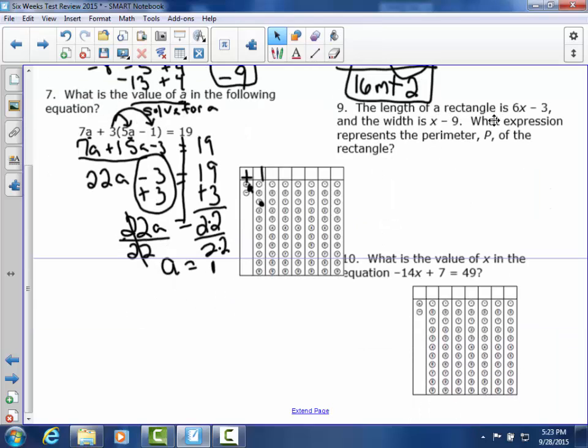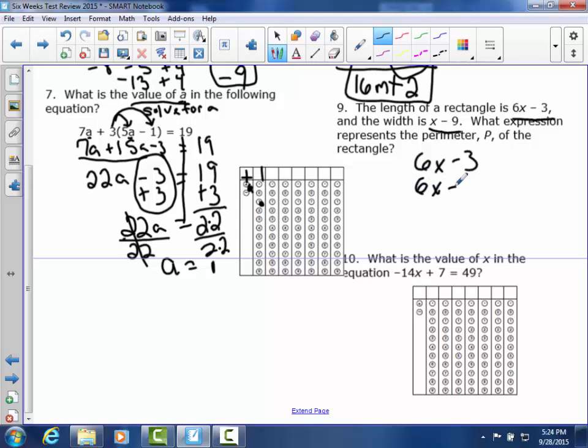The length of a rectangle is 6x minus 3 and the width is x minus 9. What expression represents the perimeter P of the rectangle? Again, perimeter, it's a rectangle, so it has 4 sides. They only list 2. Well, I know on a rectangle, each side has a mirror image, a line directly across from it, parallel to it, that is the same.